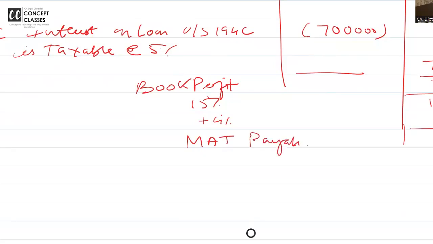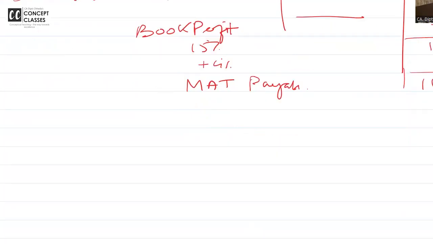Let us calculate. 45,600. 11,85,600. Easy? Chalo. Next now, option 2.